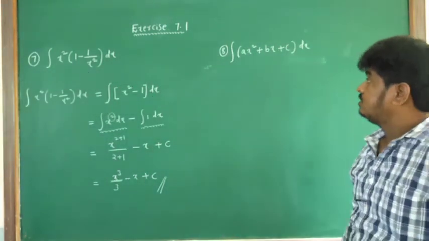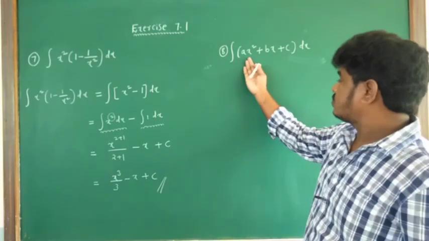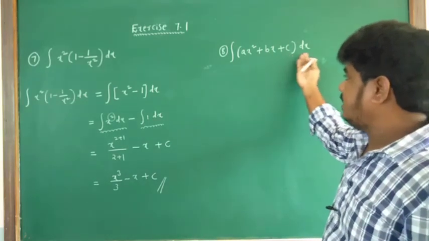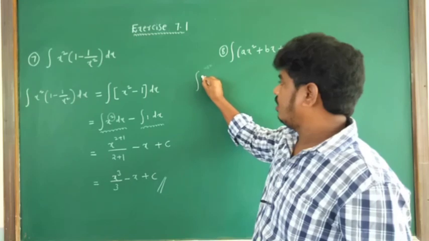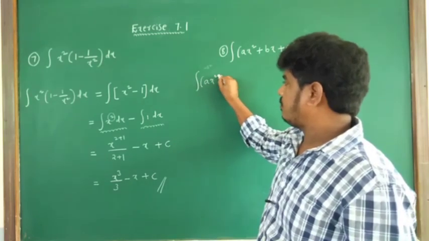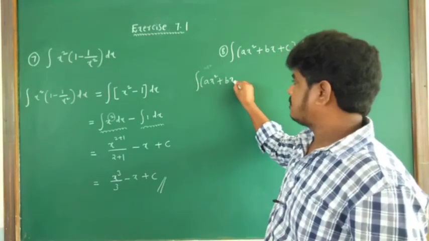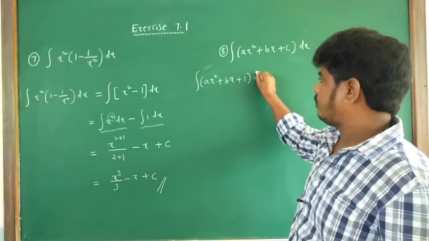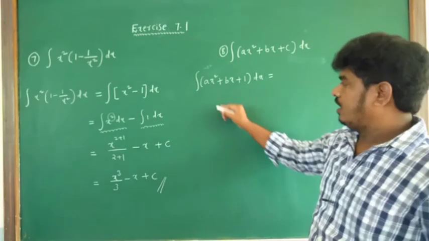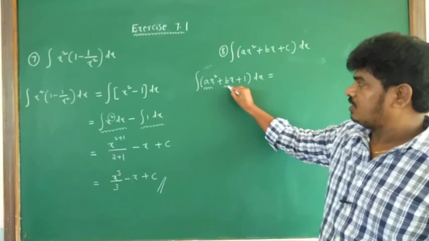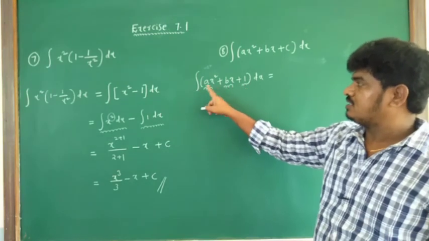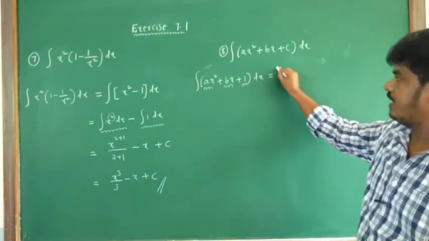Next one, that is the 8th. What is the integral of ax square plus bx plus c dx? Here we have 3 terms. Take the integral separately for these 3. So what we can write?